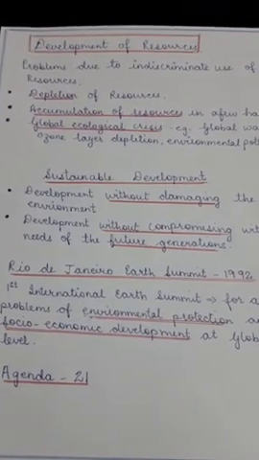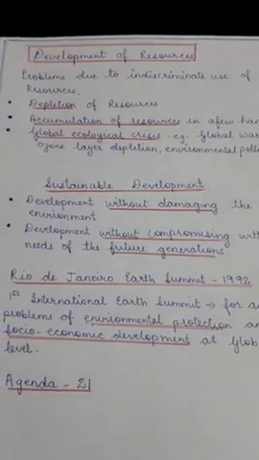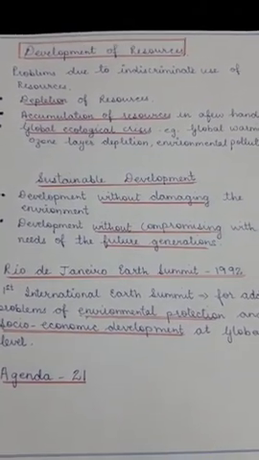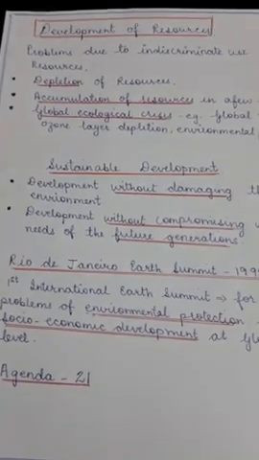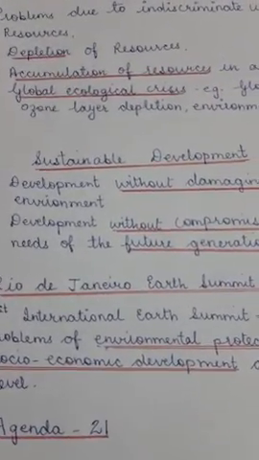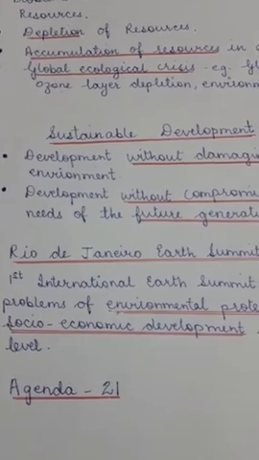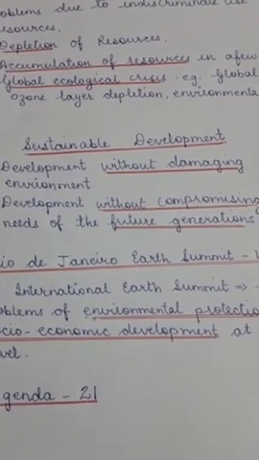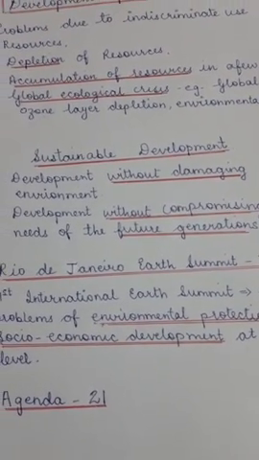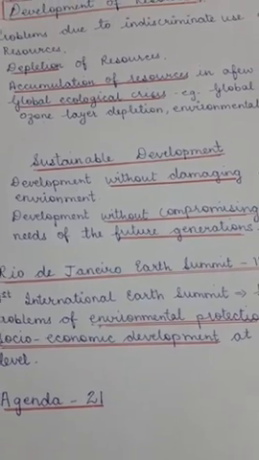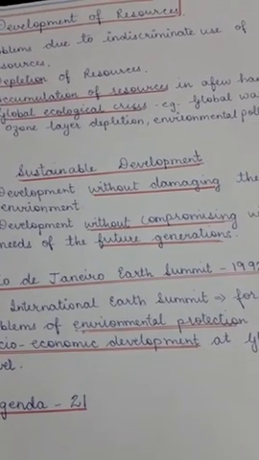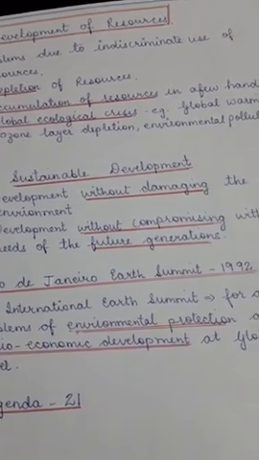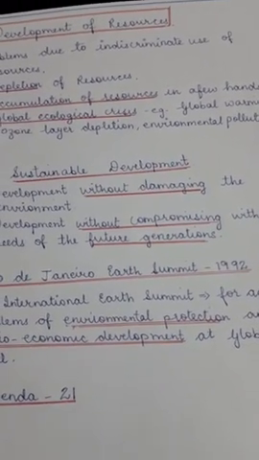A number of heads of the countries gathered together and they came up with this Agenda 21. Now what is Agenda 21? It is an agenda to combat environmental damage, poverty, disease through global cooperation on common interest, mutual needs, and shared responsibilities.